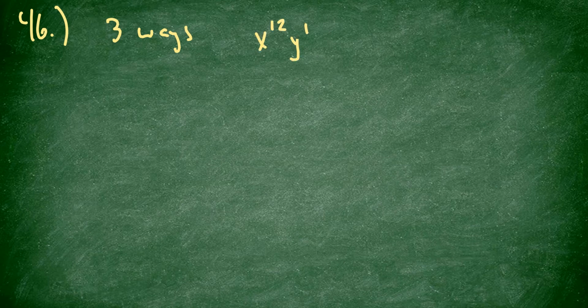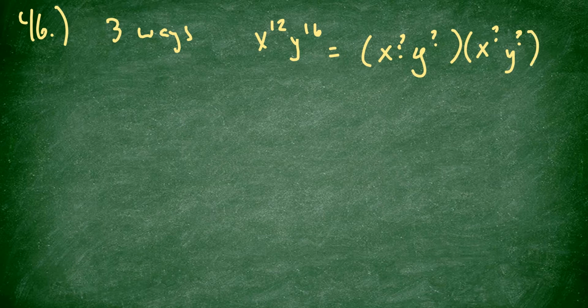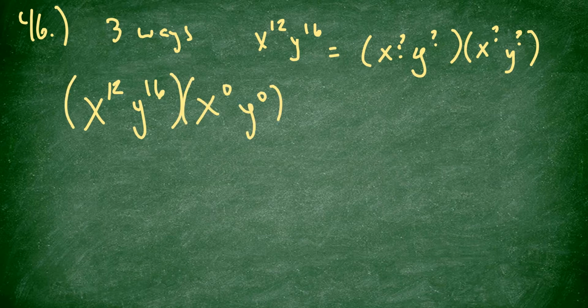Alright, 46 says find 3 different ways that you can make x to the 12th y to the 16th from having some different xy's times xy's. So there's a bunch of different ones. I could say x to the 12th y to the 16th, and I could say x to the 0 y to the 0, because that would make it 1.